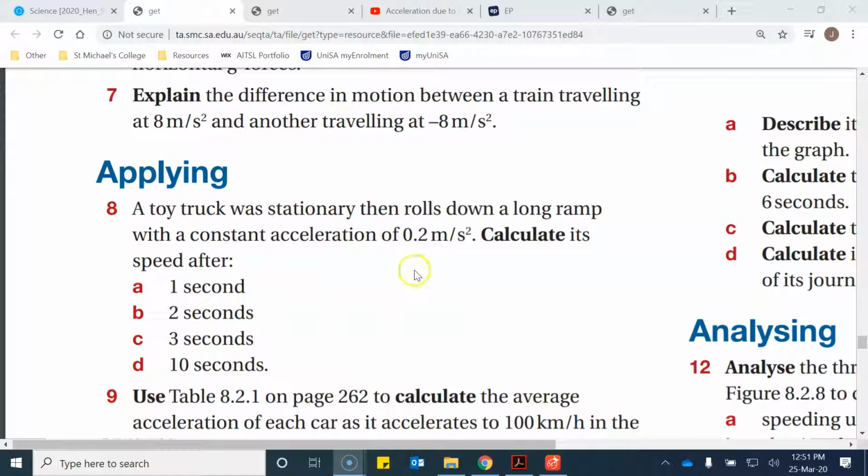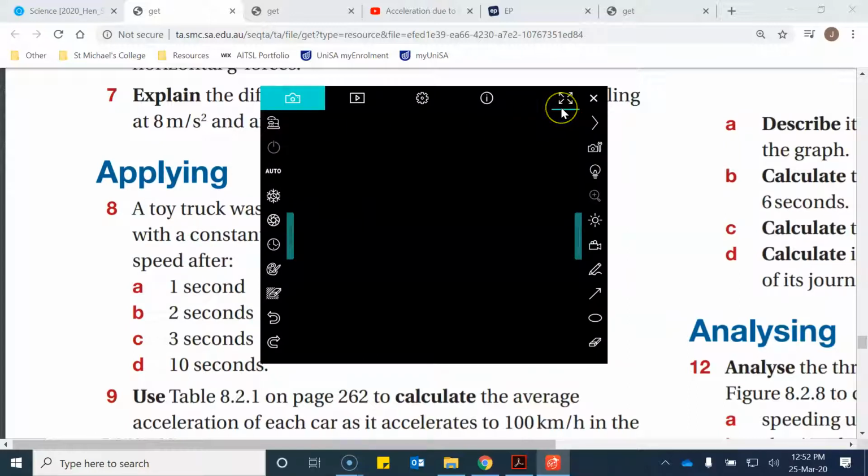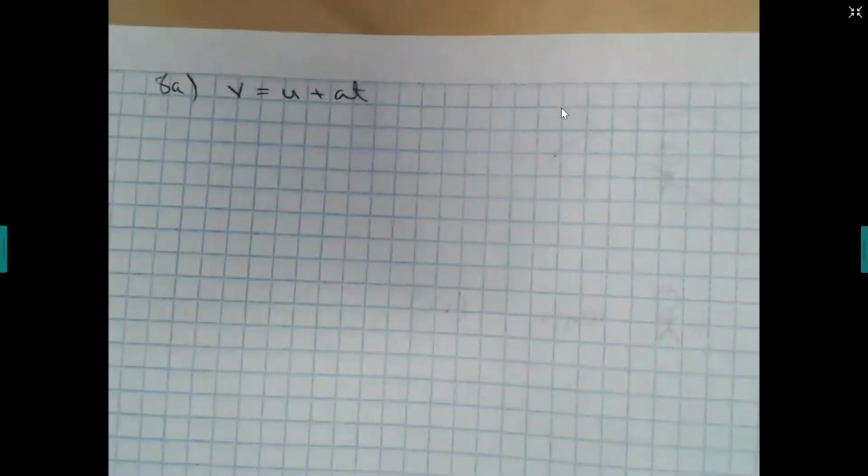Now, after 1 second would probably be pretty easy to work out. 2 seconds, maybe a little more difficult. 3 seconds, more difficult. Now, remember I gave you a couple of equations the other day that you could use. Did anyone try and apply V equals U plus AT?